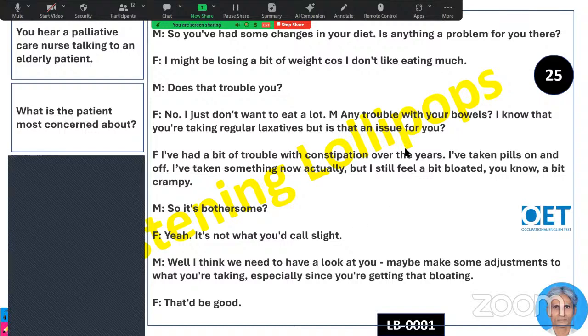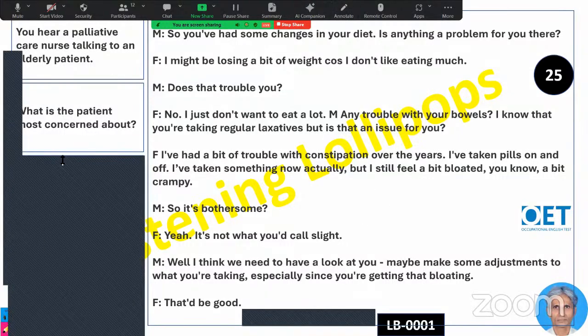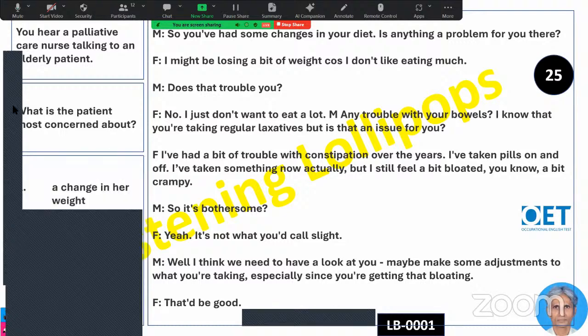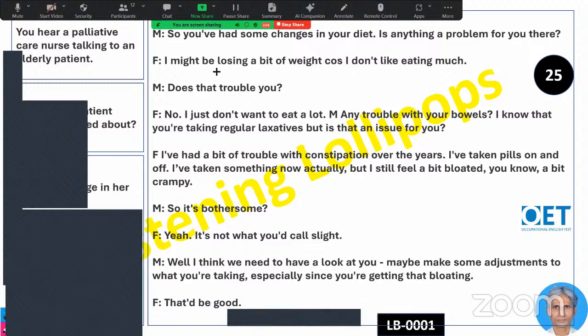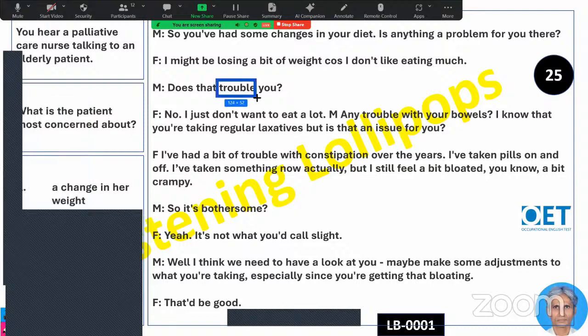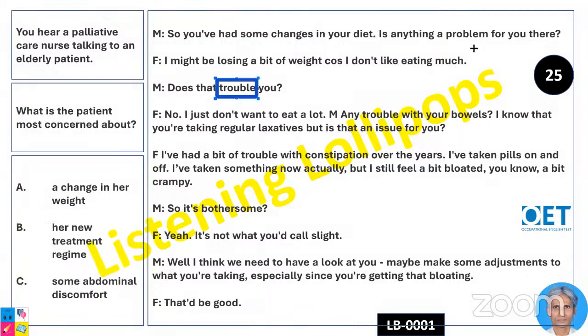Yes, you are right. The word trouble is there. Right. Is anything a problem? Problem is there.